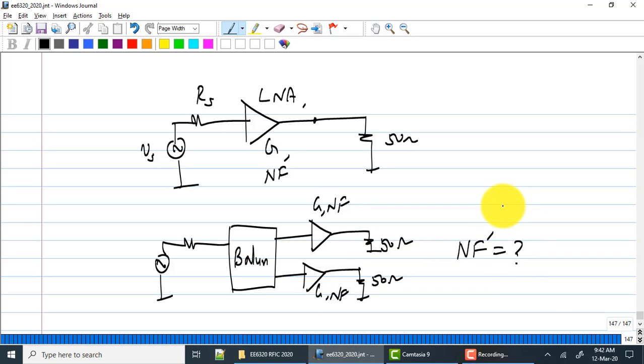Just do the analysis and confirm that it is the same.